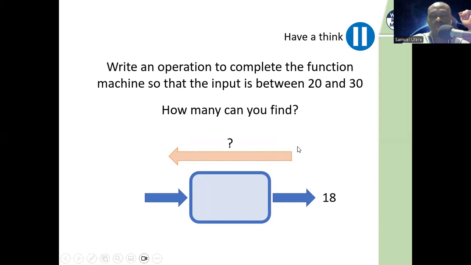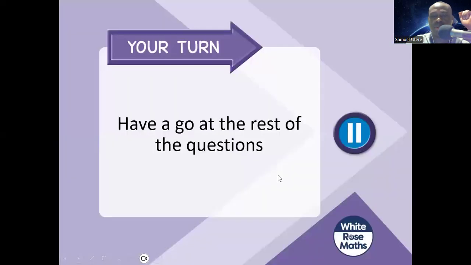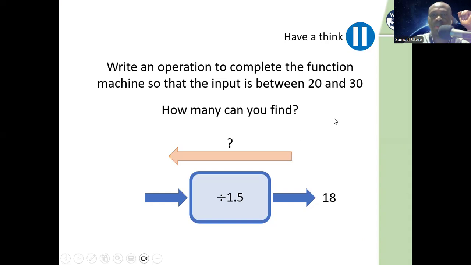So we do the reverse operation. We can say, okay, 18 subtract 3, subtract 7. If the function machine is any of these, we can do the reverse operation to find out an input between 20 and 30.